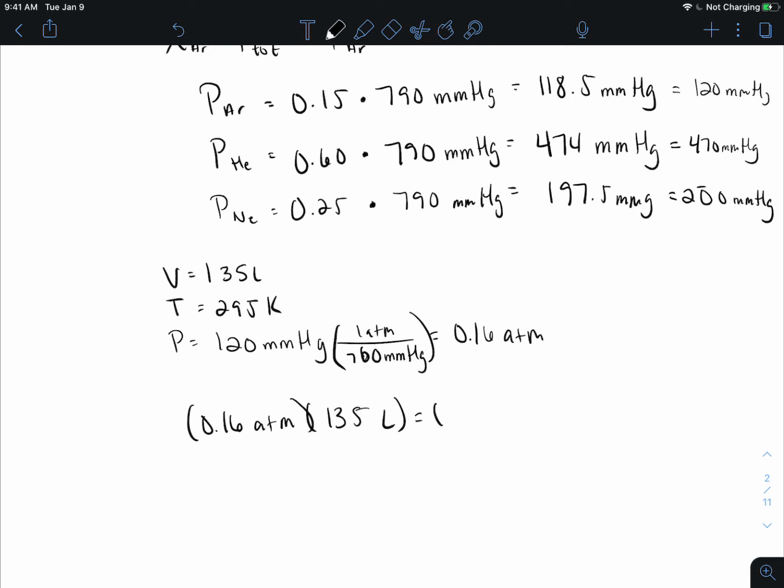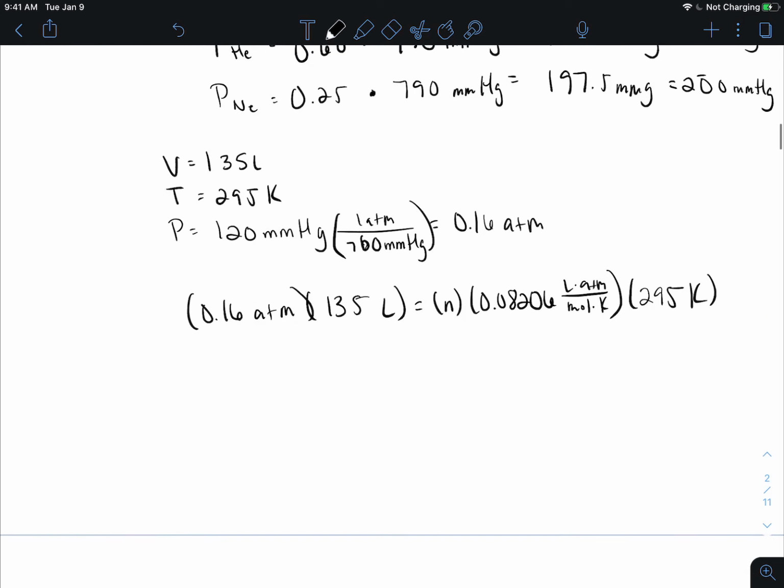We're going to be solving for n, our number of moles. Of course we could have used the torr value, but I prefer 0.08206. When we solve for this, we get 0.87 moles of argon.